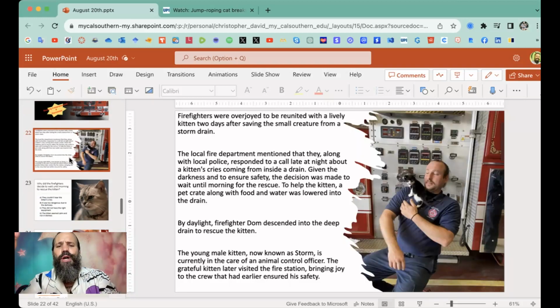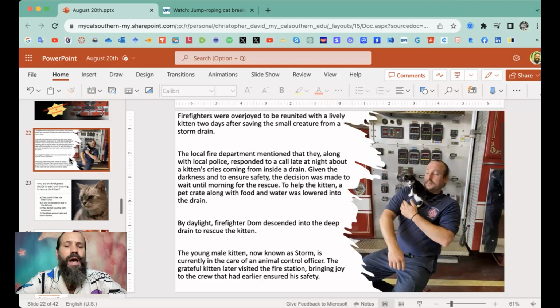Firefighters were overjoyed to be reunited with a lively kitten 2 days after saving the small creature from a storm drain. The local fire department mentioned that they, along with local police, responded to a call late at night about a kitten's cries coming from inside a drain. Given the darkness and to ensure safety, the decision was made to wait until morning for the rescue.